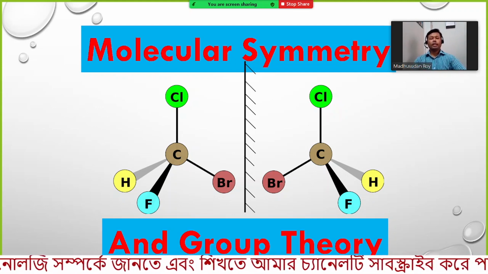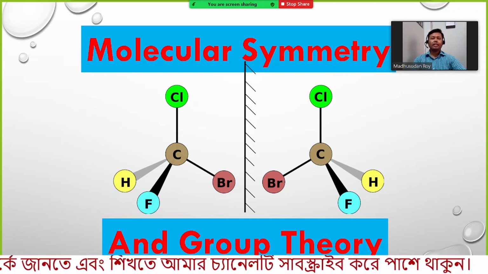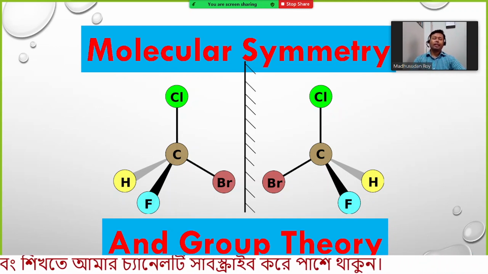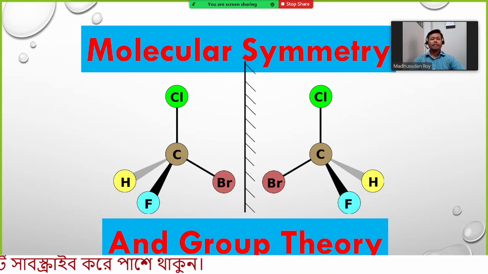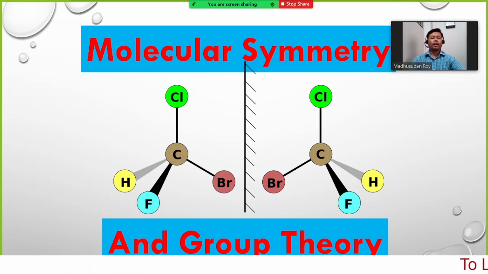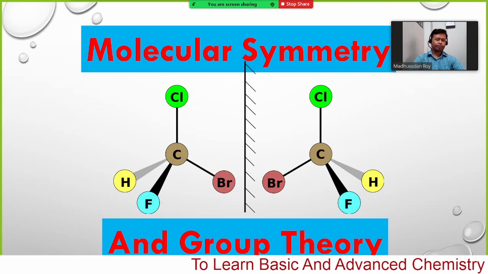If you rotate the molecule by 360 degrees, you get the identical position of the molecule. Therefore, this type of molecule has only one symmetry, rotation by 360 degrees, which later we will call C1.